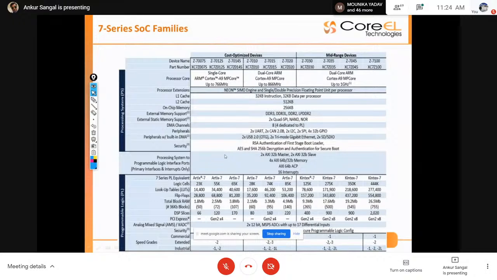Now we are discussing the SoC, system on chip. In this SoC, you can see two portions are available.